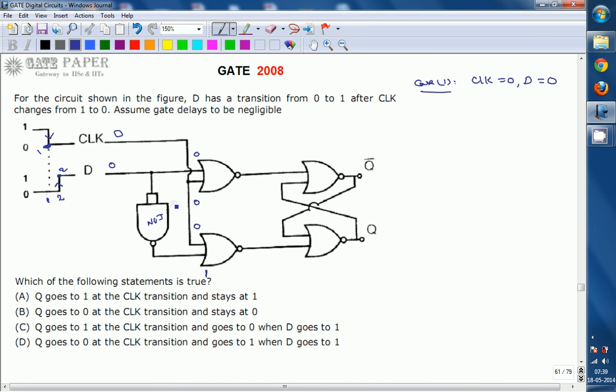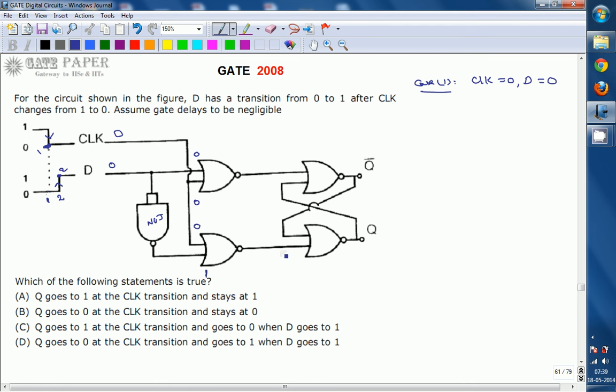We know that for a NOR gate, if one of the inputs is 1, definitely the output will be 0. A NOR gate is the sum of the inputs, and after that you take the complement. So for these two NOR gates, one of the inputs for this one is 1, so 1 plus something is 1, and 1 bar is 0.